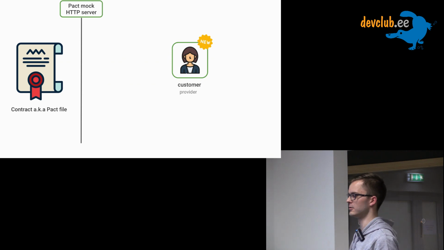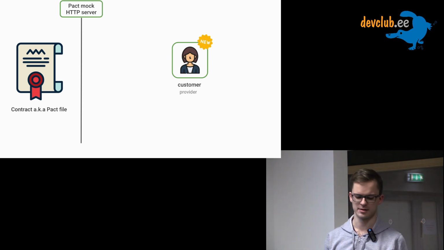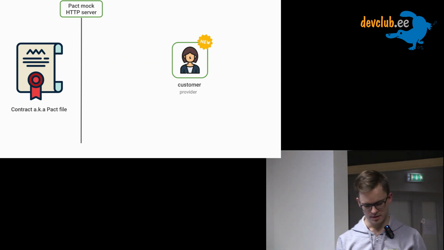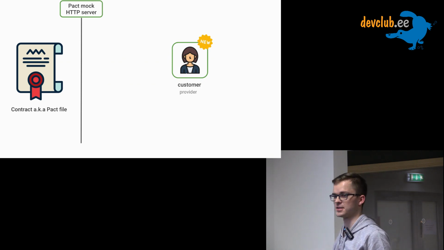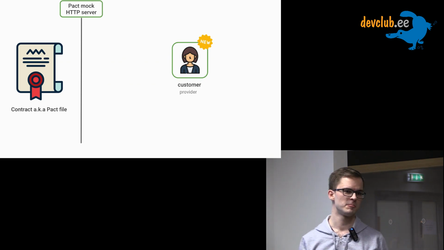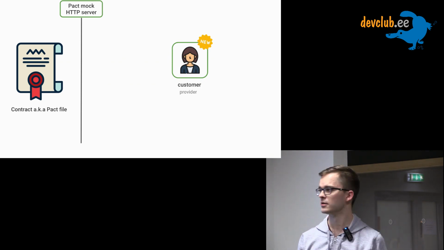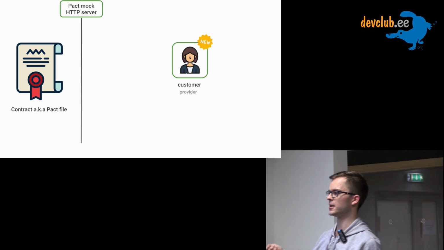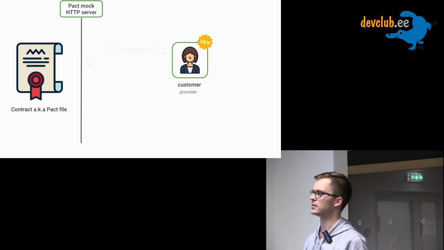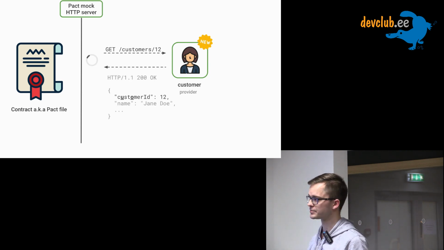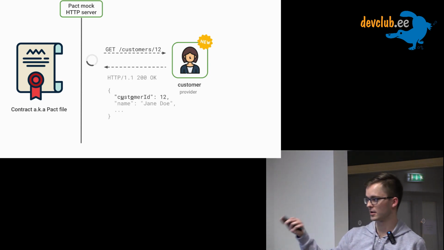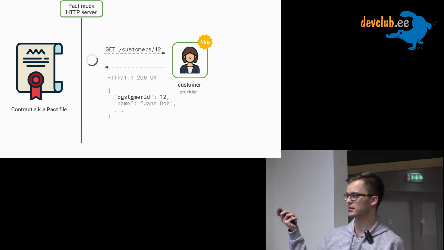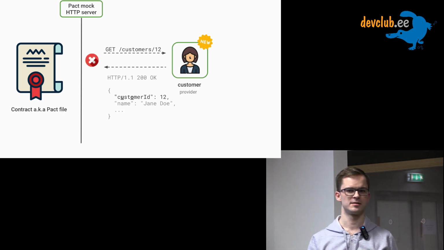So let's have a look at this scenario again, that we have this new customer service that fixed the typo that we were talking about. We have the Pact file from the latest consumer build. We run the test or replay the interactions. This is the fixed payload, and we see that the test failed.